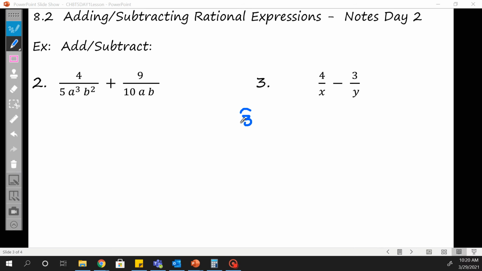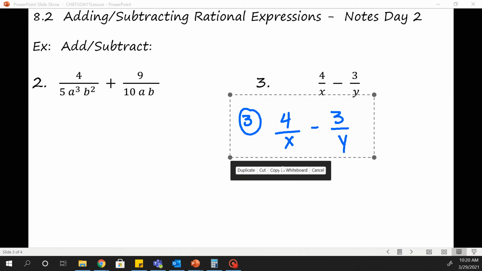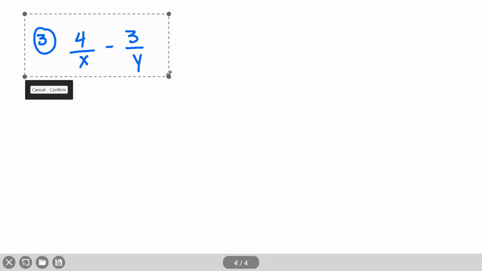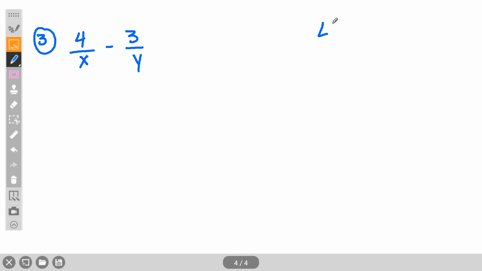Our last example here, 4 over x minus 3 over y. We're looking for the LCD, or sorry, the LCM, which will be the LCD. We're looking for the LCM of x and y.